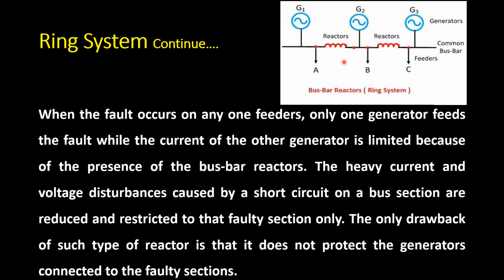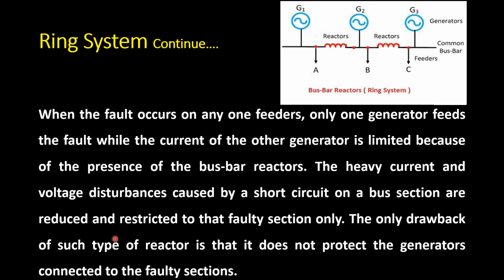Means if any fault occurs on a side feeder, then it is limited for this much part only. It is not going to affect the other healthy part, and so system will continue to supply the power from these remaining generators, or system will remain healthy.